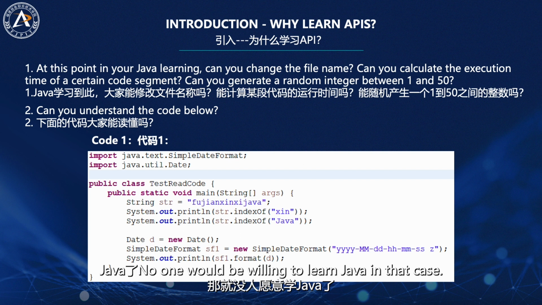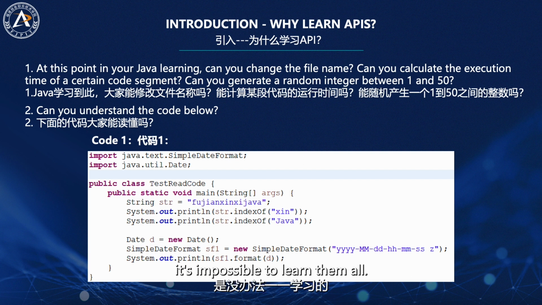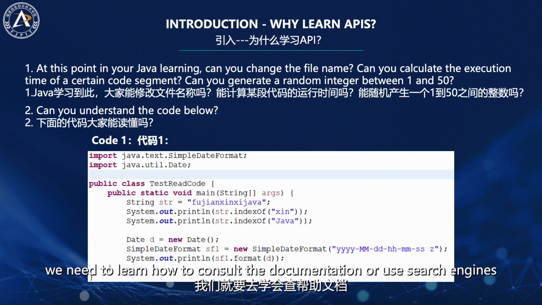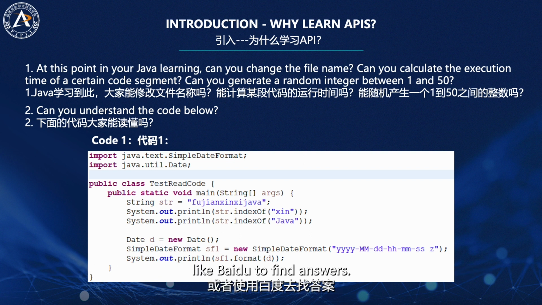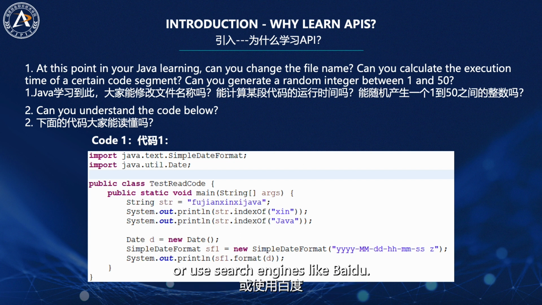However, with the abundance of libraries available, it's impossible to learn them all. In such cases, when encountering unfamiliar code, we need to learn how to consult the documentation or use search engines, like Baidu, to find answers. Next, we will learn how to view the documentation, or use search engines like Baidu.